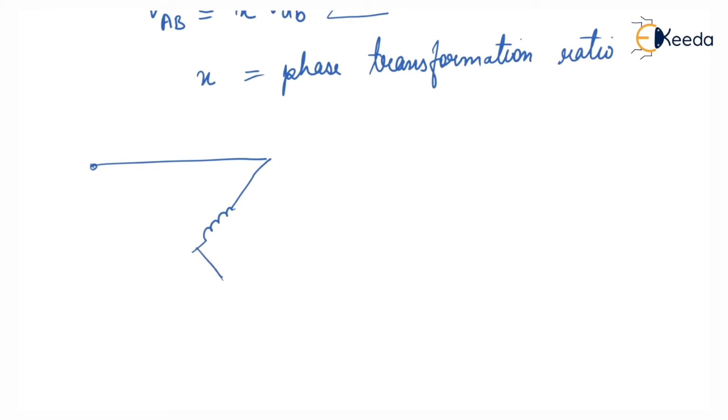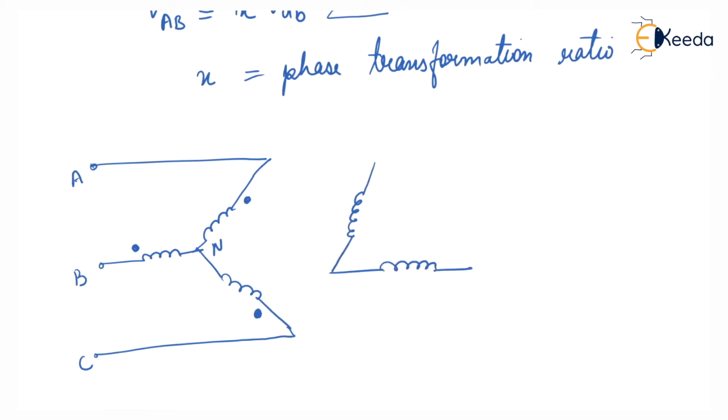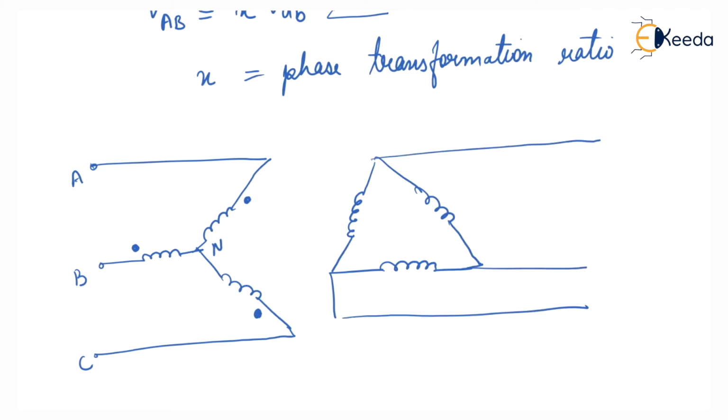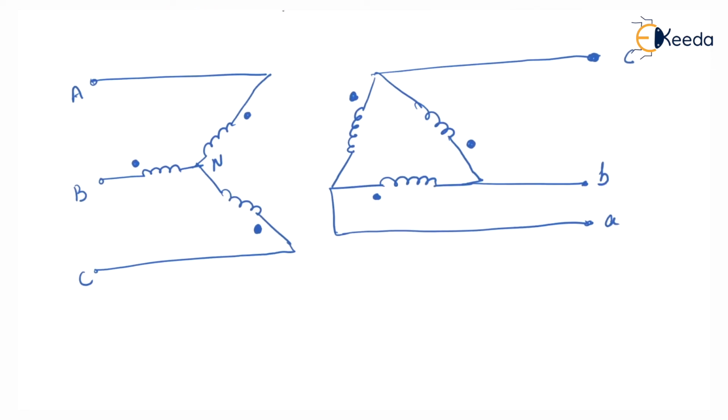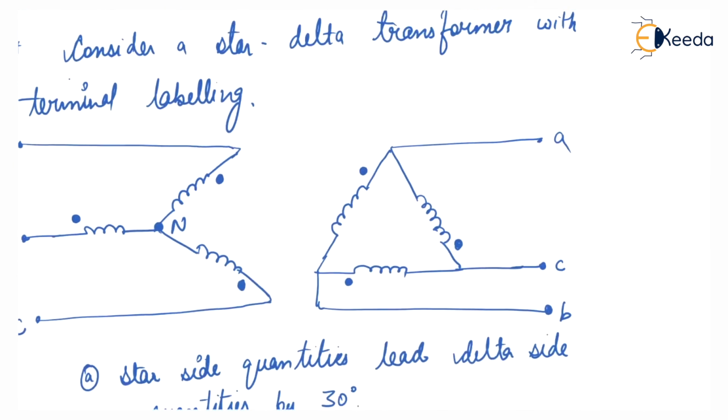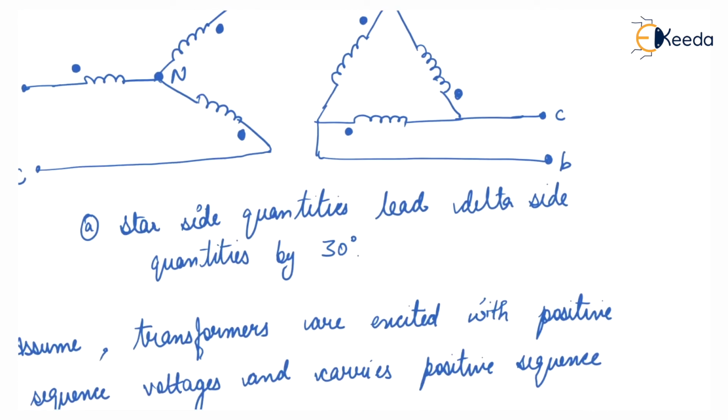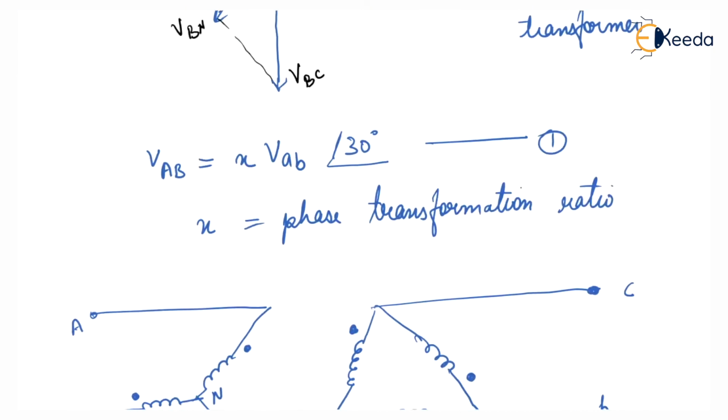This is star A, B, C, this is neutral N, then delta side, this is A, B and C. This is figure number A, star side quantity leads the delta side quantity by 30 degree.